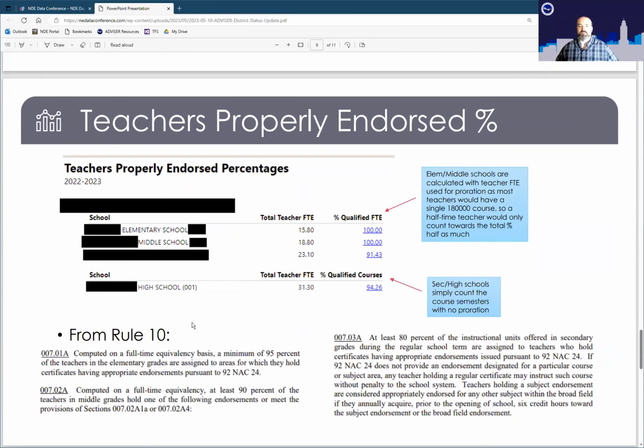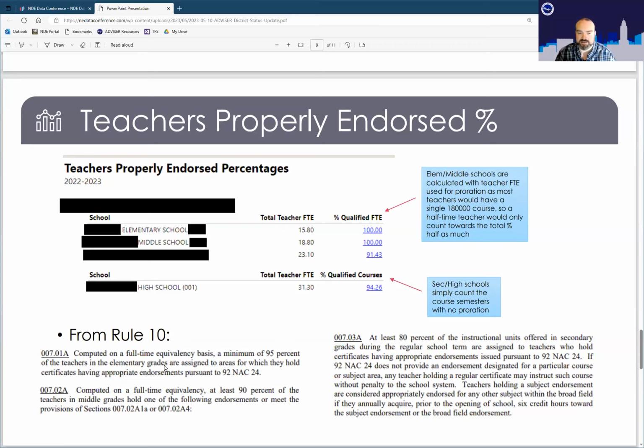Here's a couple of bits from Rule 10, which is basically why this report exists. Under Section 7, there's a piece for elementary, middle, and high schools. So that's this elementary here. The goal is to get a minimum of 95%. So if you have any number here for an elementary that's under 95%, I'm sure accreditation will look at that.